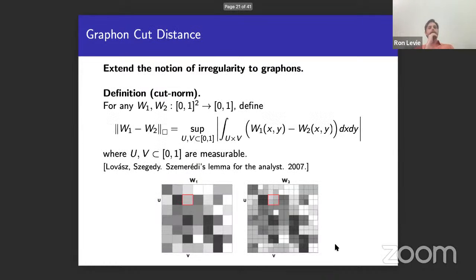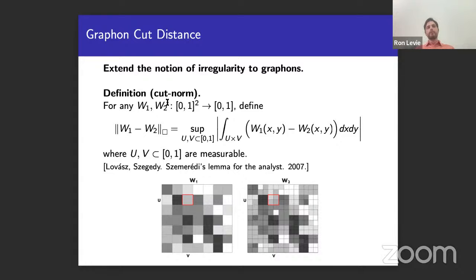Lovász and Szegedy proved in 2007 an extension of the weak regularity lemma for graphons. In this situation, it turns out that irregularity is a norm. Remember, irregularity tells you how much a graph looks random. For graphons, you actually get a norm, which is called the cut norm.